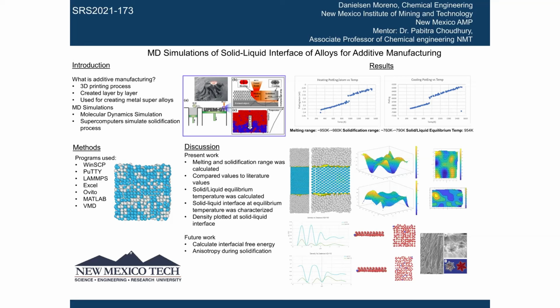And I'm doing molecular dynamics simulations of it. Molecular dynamics simulations are essentially simulations that happen in a computer where you get the molecular dynamics and you're able to perform these experiments.